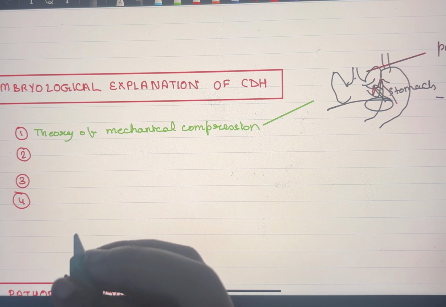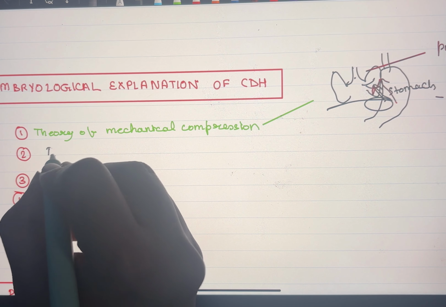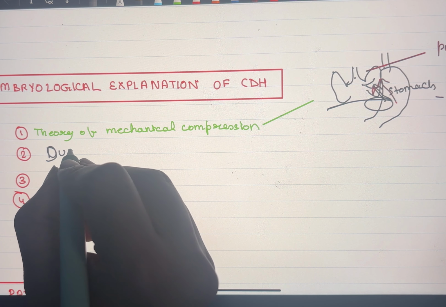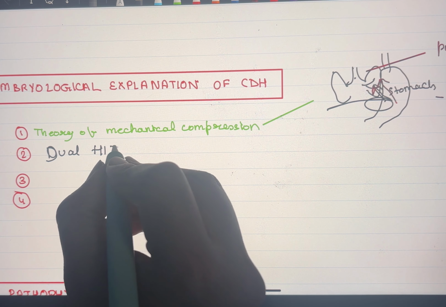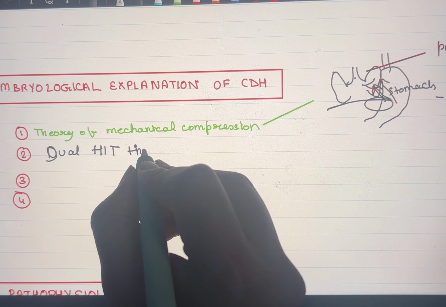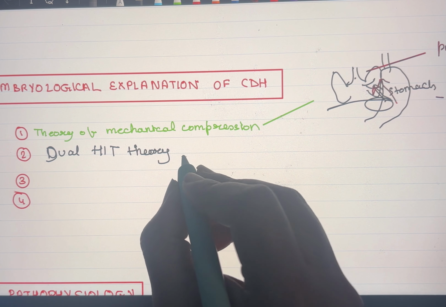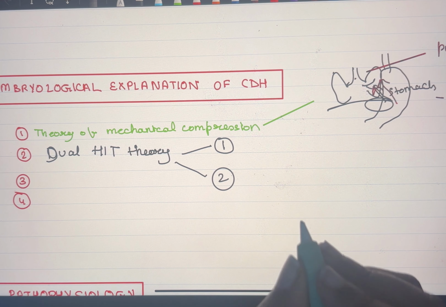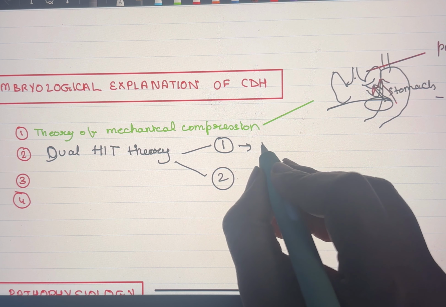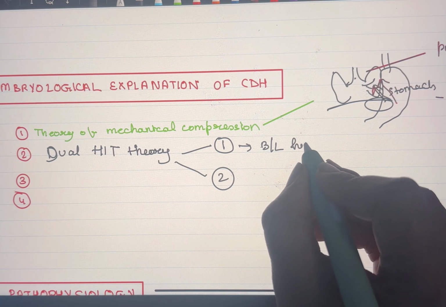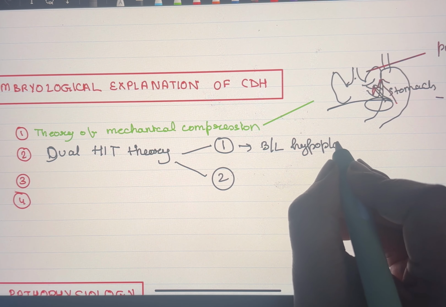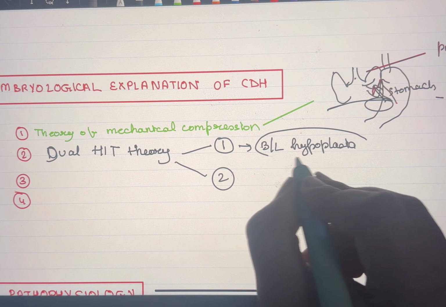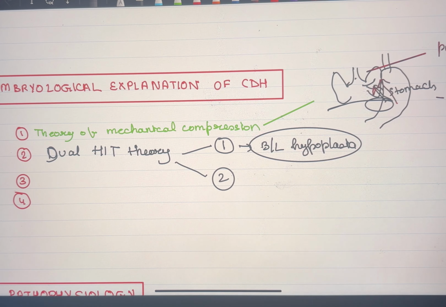Then we have the dual hit theory. Dual means two hits, first hit, second hit. The first hit is when there is bilateral hypoplasia. Many scientists have seen that mechanical compression is not always the main theory.